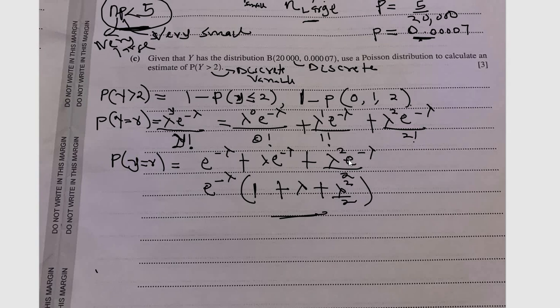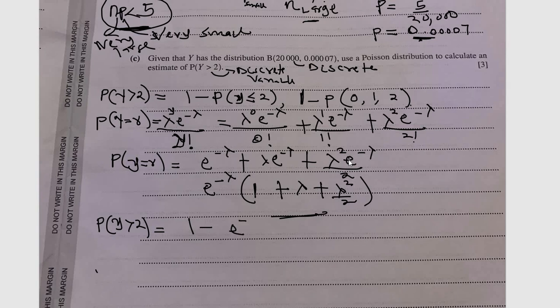Since we are doing 0 to 2, this is it. If we were doing 0 to 3, there would be lambda cubed over 6 as well. So the probability of y greater than 2 is 1 minus this, e raised to power minus lambda times the bracket.